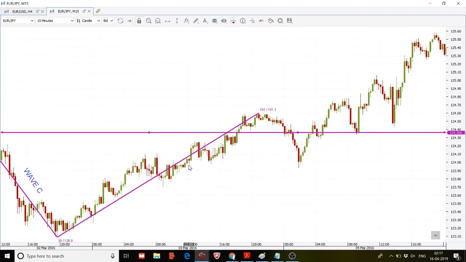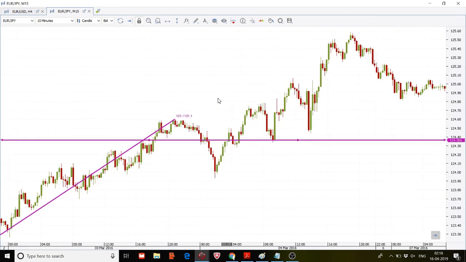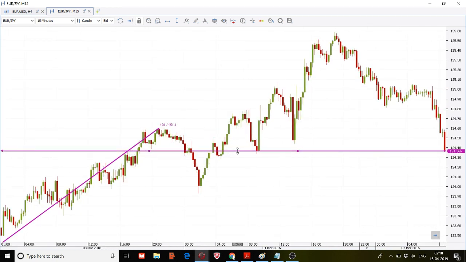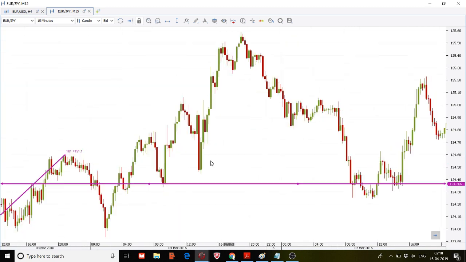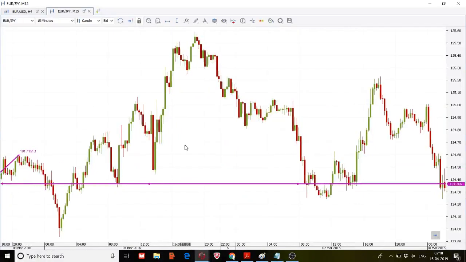So that's why I'm explaining that there are multiple ways you can identify entry points. This is one kind of strategy, using the support level. And next time, when the instrument is again around those levels, you can get multiple entry points.